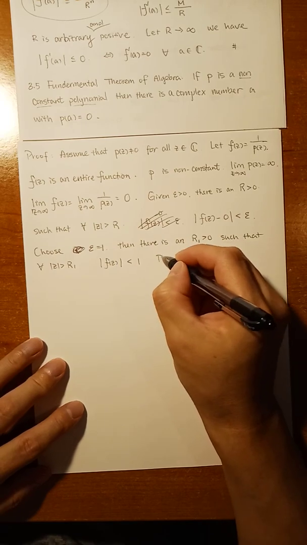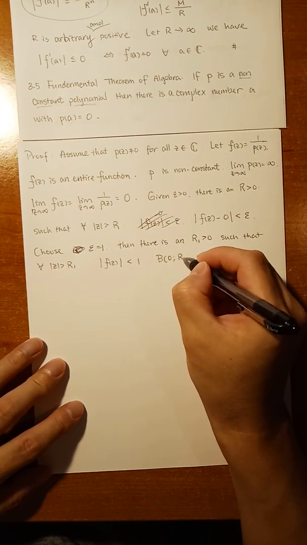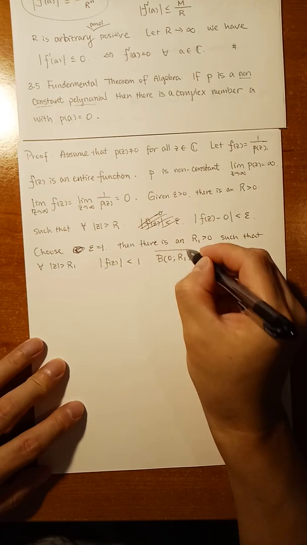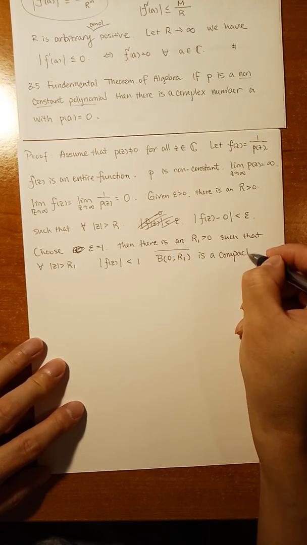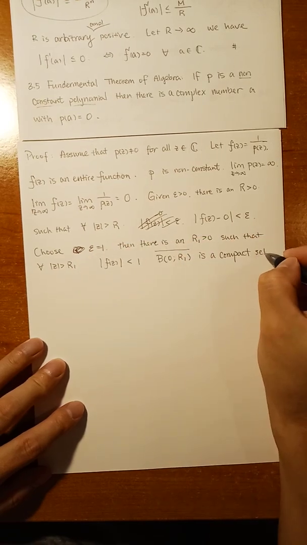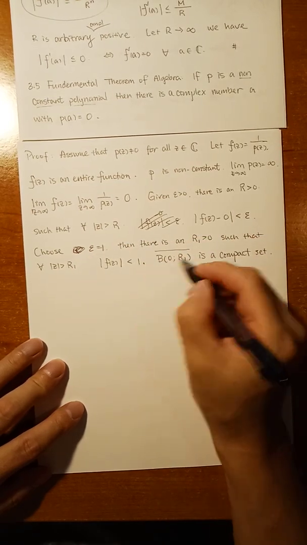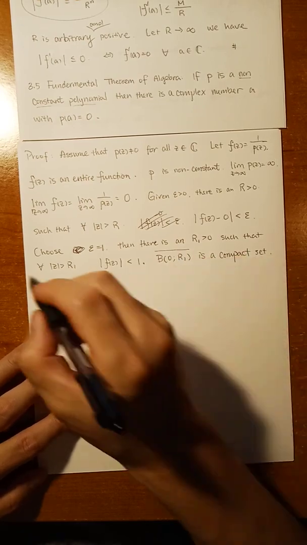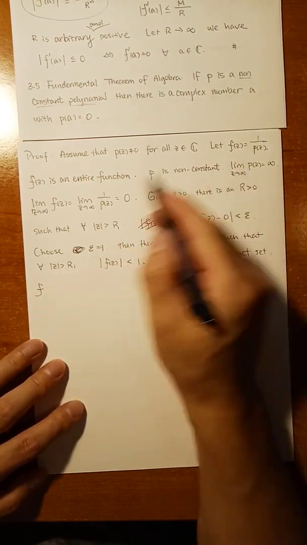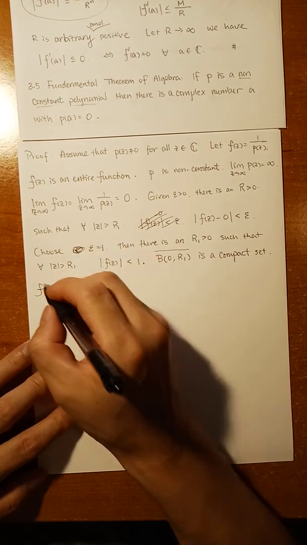The closure of B0 R1 is a compact set, right? A closed bounded disk is compact. F is entire, so of course f is continuous.